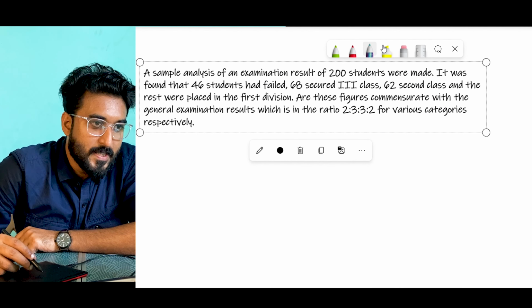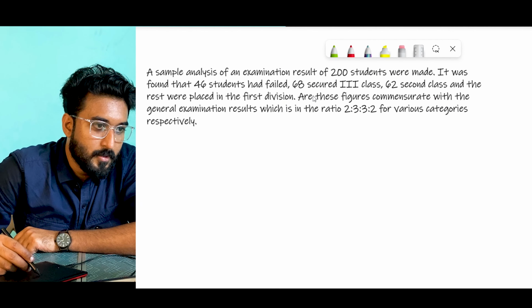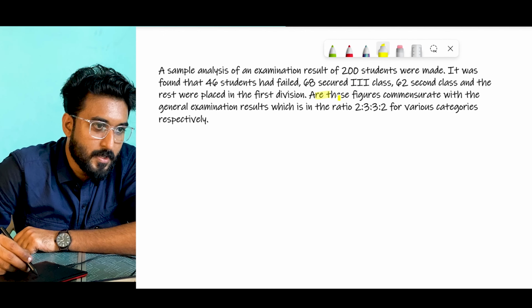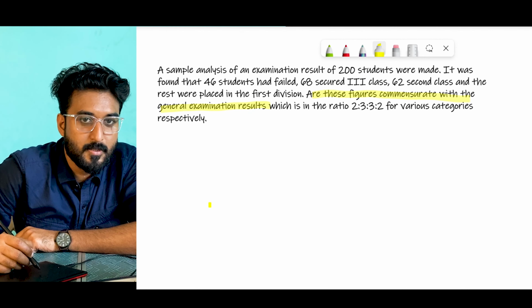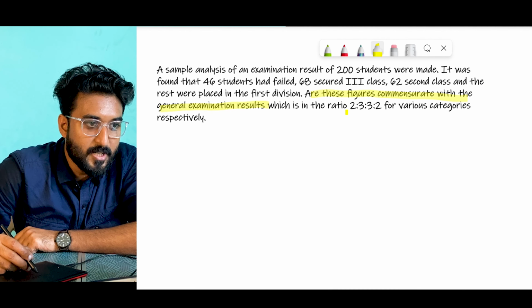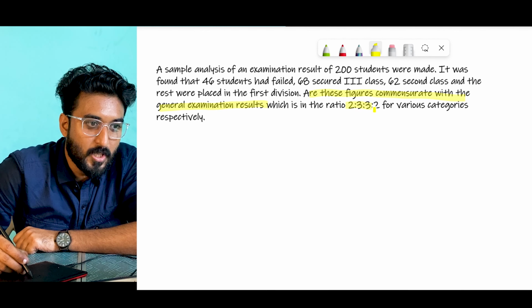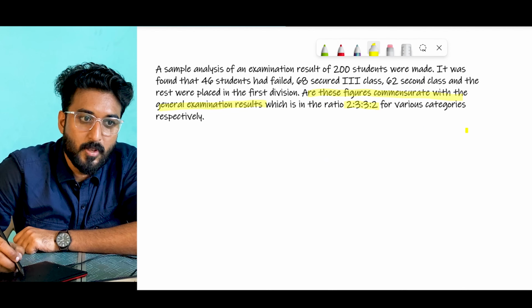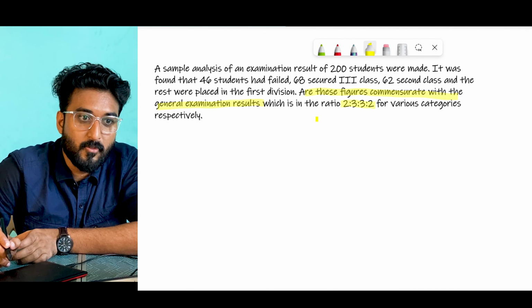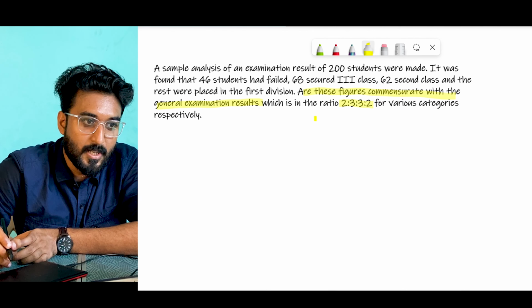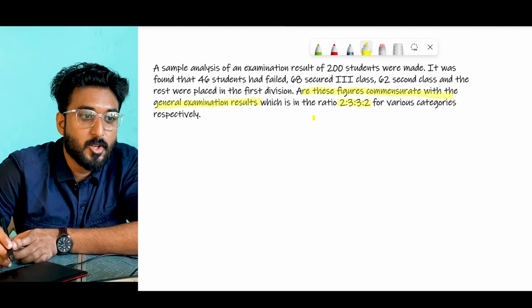The question is: are these figures commensurate with the general examination result? The general examination result is in the ratio 2:3:3:2 for the various categories respectively. That means 2 for failed, 3 for third class, 3 for second class, and 2 for first class.